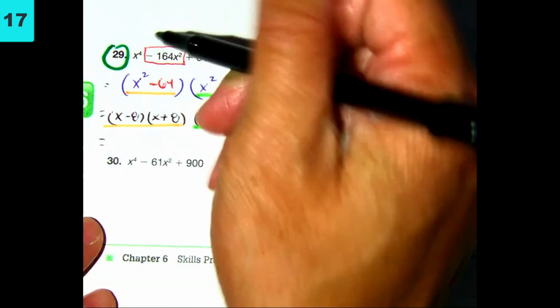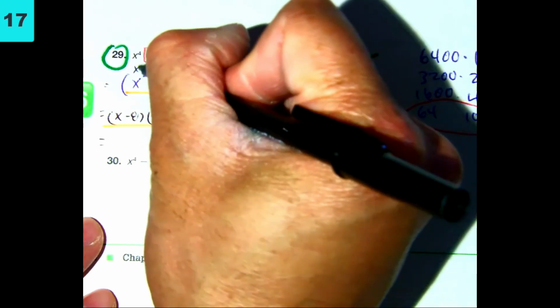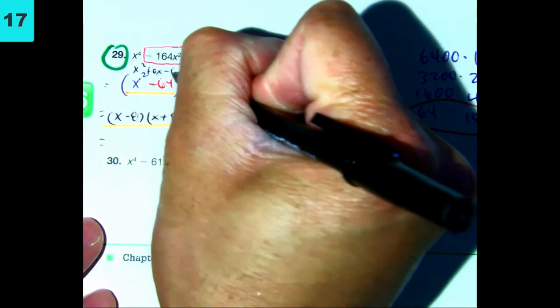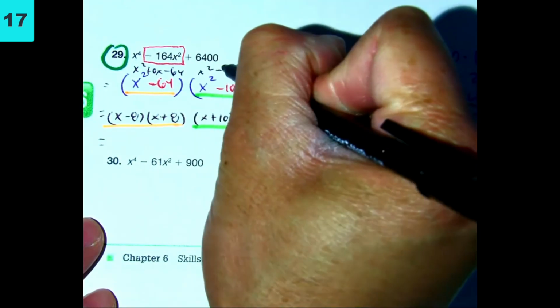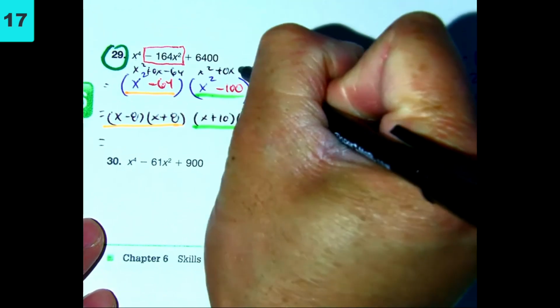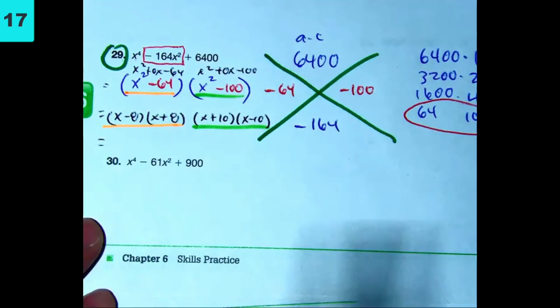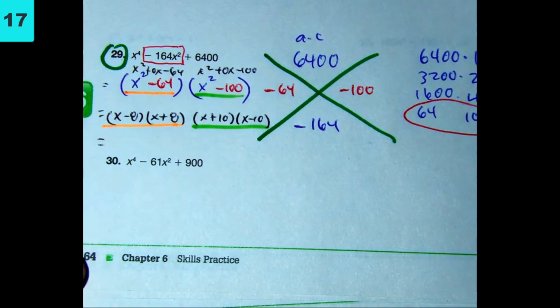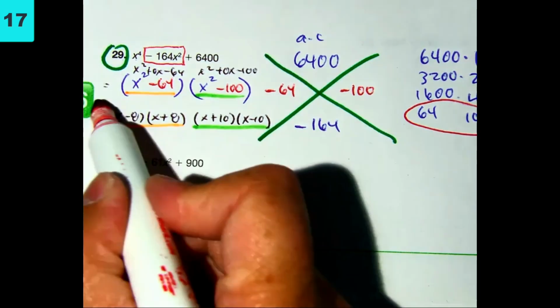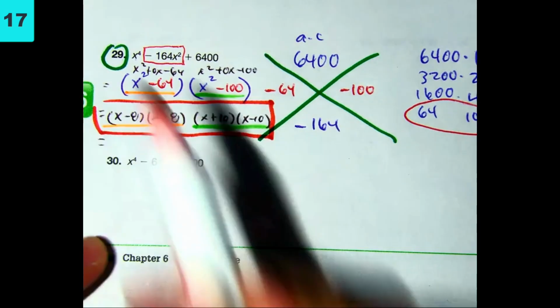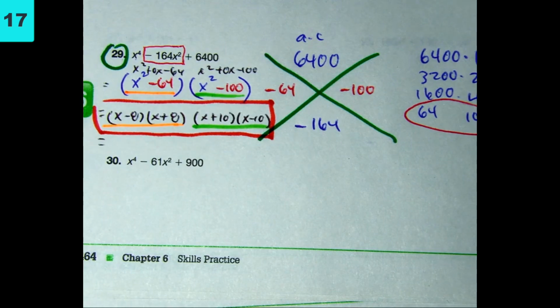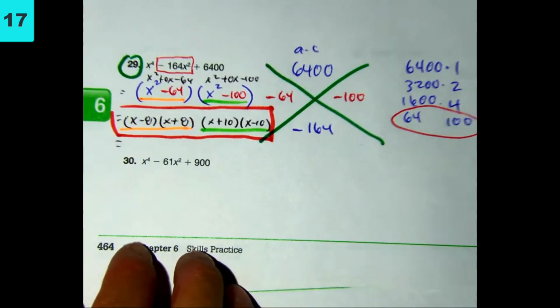Now, if you don't get the pattern, you make x squared plus 0x minus 64, x squared plus 0x minus 100. So this problem you would have to just factor a couple of times to get your answer. Zoom out, and that's our answer.